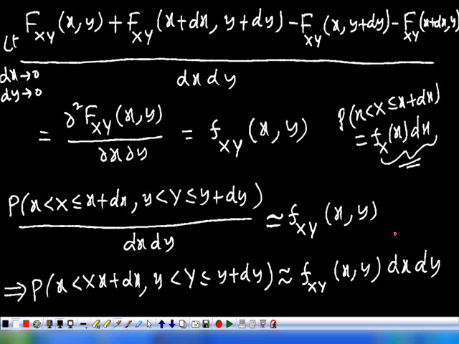Now this is the extension of it. Here we consider two random variables, and then the probability of this event and this event is equivalent to fxy of x comma y dx dy. Understood this? Here it is called the probability element of the random variables x and y. This is the probability element of the random variable x, and in the same manner, this is the probability element of the random variables x and y.